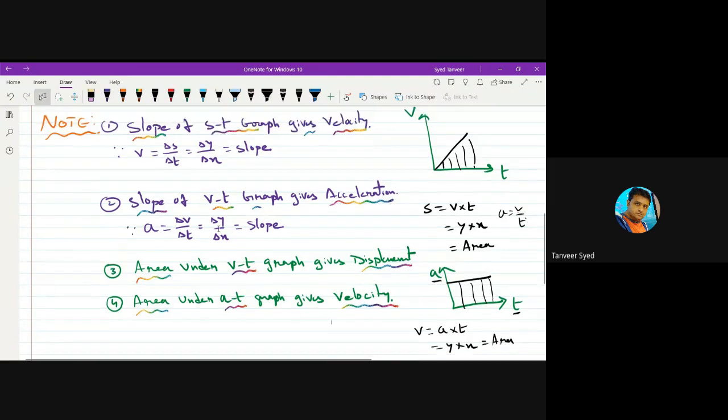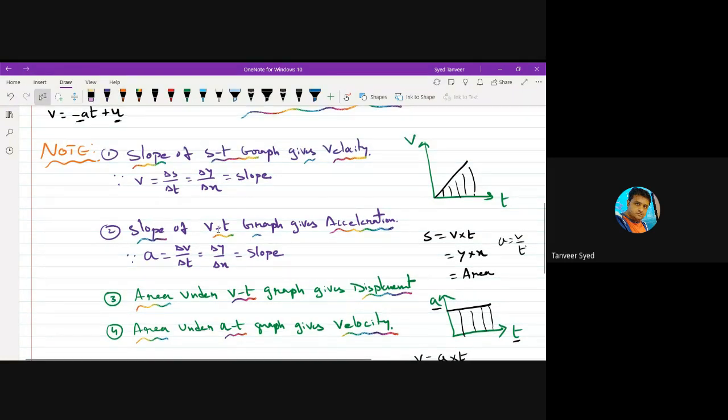These are the four points which you should learn from graphs.